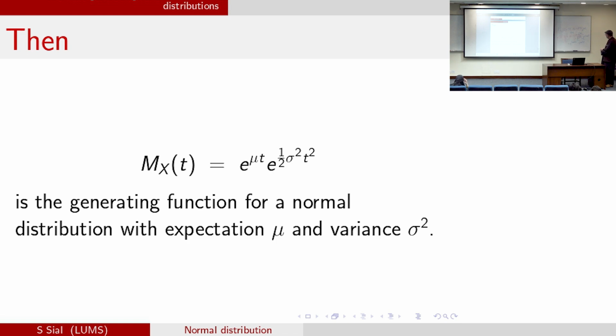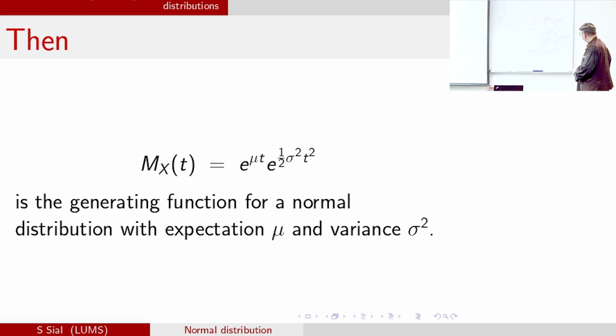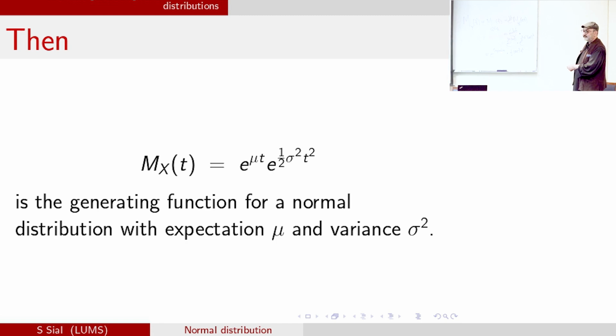Except now, the variance, instead of being sigma squared, is a squared sigma squared. And instead of the expectation being mu, the expectation is a mu plus b.